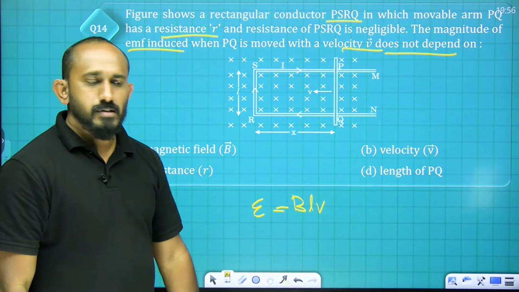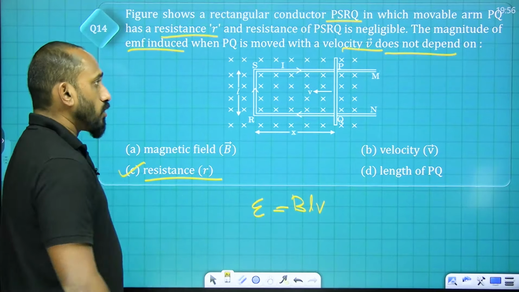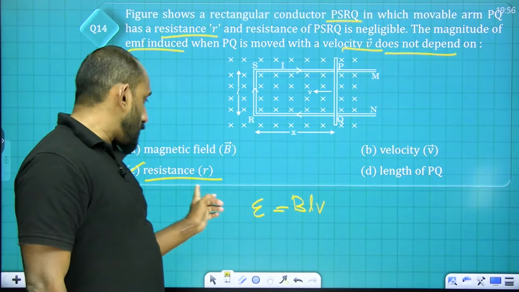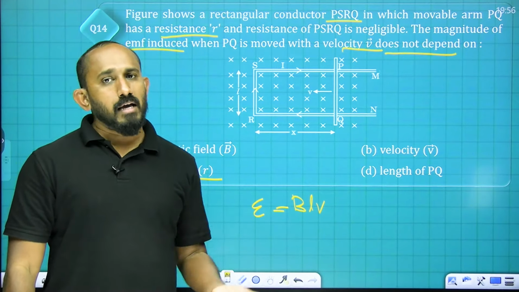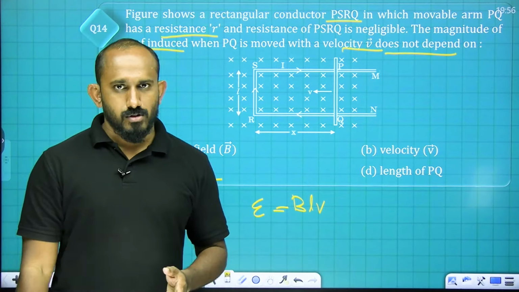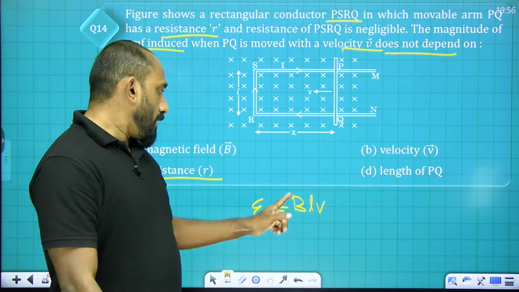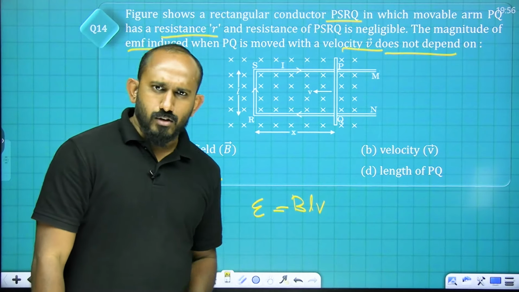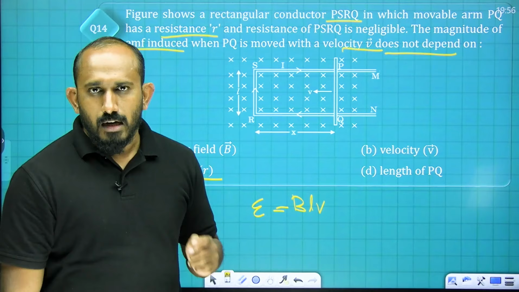We have 3 factors, and it does not depend on resistance. So EMF does not depend upon the resistance. But current I, if you say, then it is EMF by resistance. EMF does not depend upon the resistance; B, L and V only, it depends. So direct question, hope you understood it. Motional EMF is the concept. Let's go for the next question.